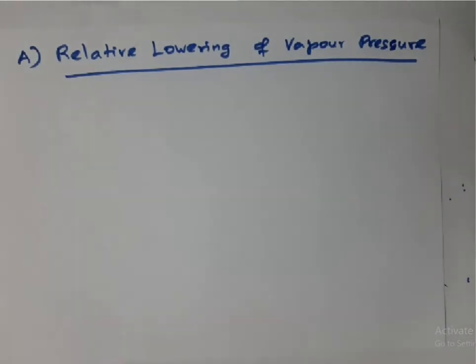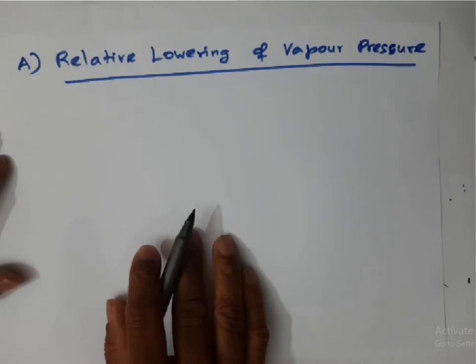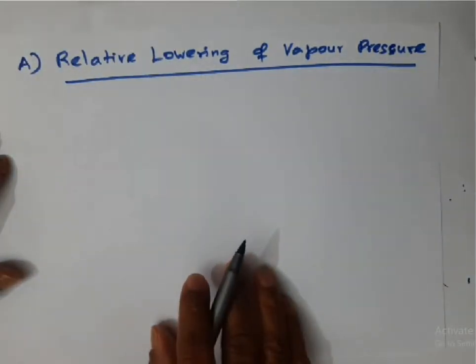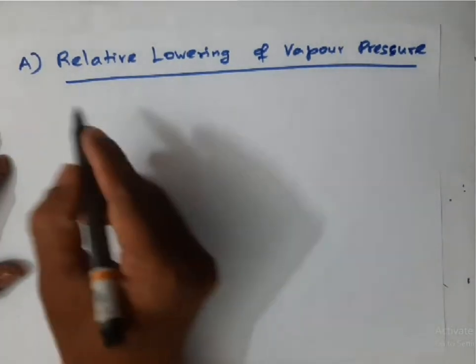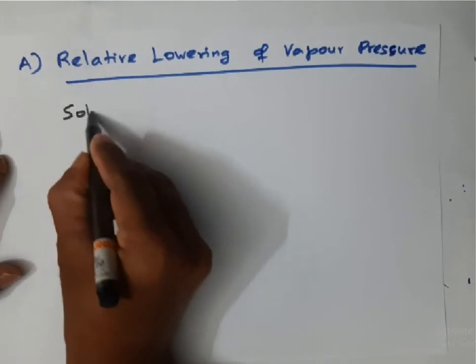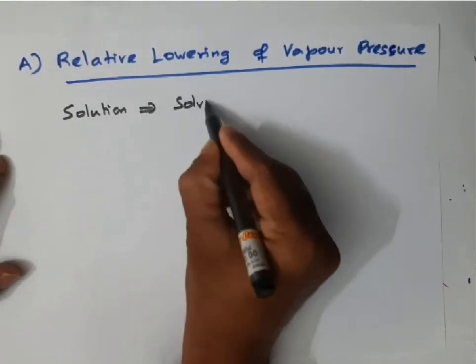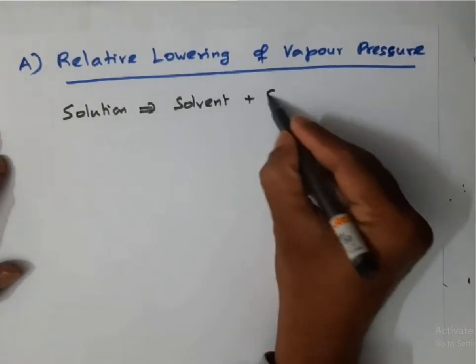What is meant by relative lowering of vapor pressure? Listen, students, observe carefully. For colligative property studies, these are the things you should keep in mind. Your solution contains a solvent, which is usually a liquid, and a solute.